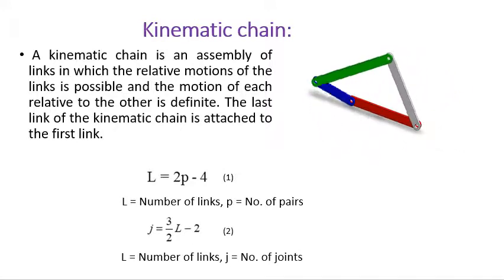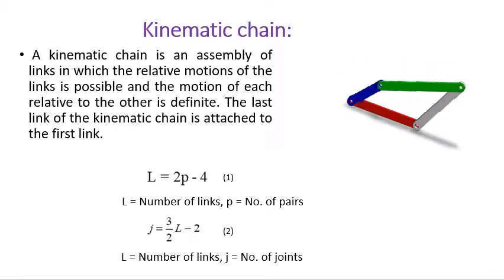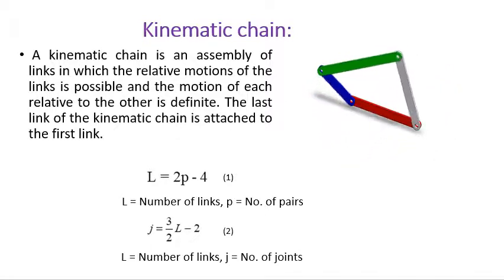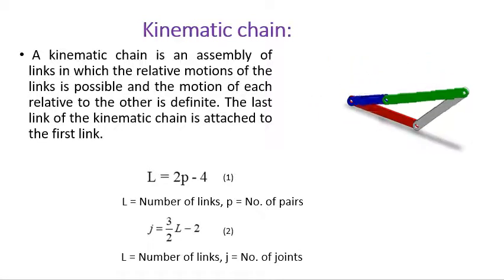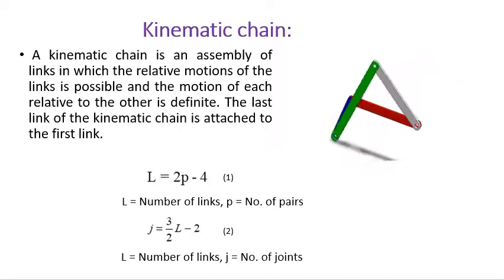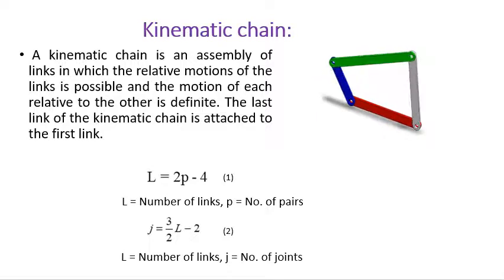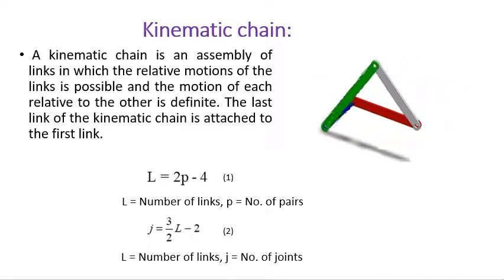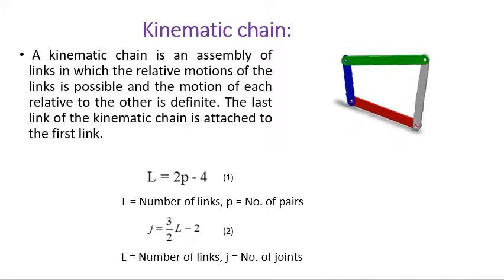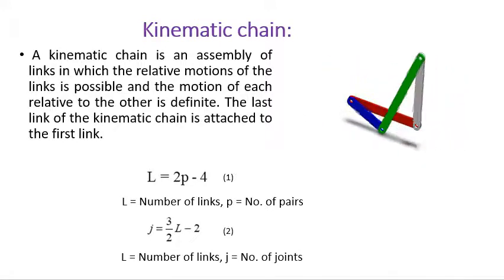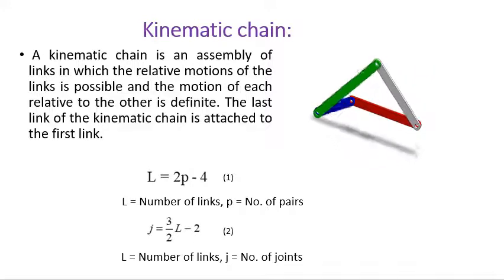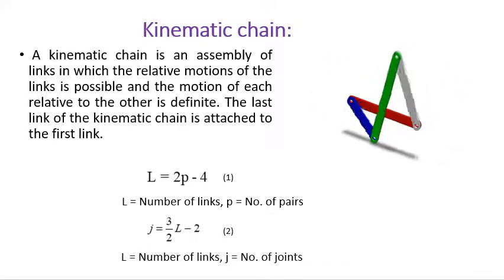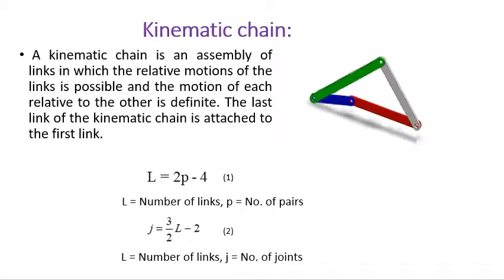Okay, so it is also defined as a combination of kinematic pairs joined in such a way that each link forms a part of two pairs, and the relative motion between the links is completely or successfully constrained. So this is all about the kinematic chain. Suppose each link is assumed to form two pairs with two adjacent links. This is the example.